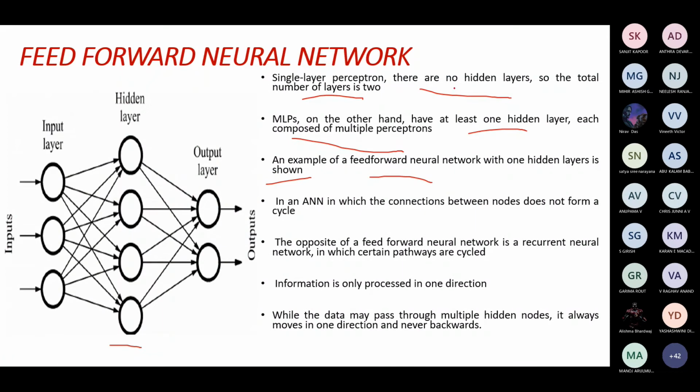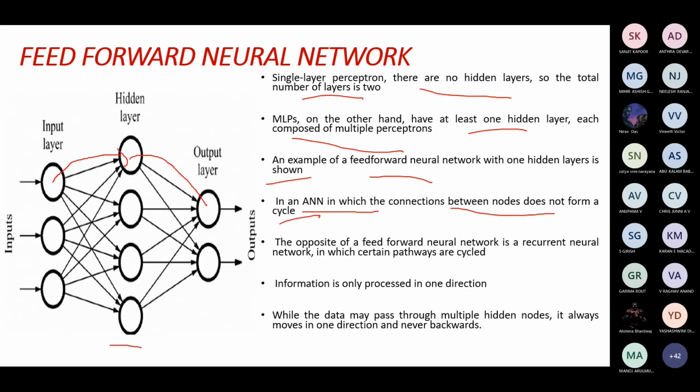In an ANN, the connections between the nodes do not form a cycle. In the opposite of the feed-forward neural network, the paths are cycled. Very important point: in feed-forward, the information is only passed from one layer to another layer.